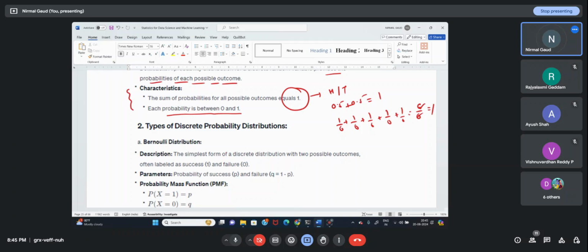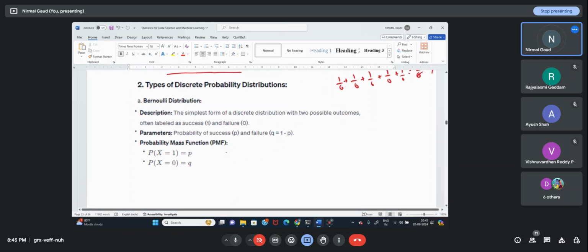Bernoulli distribution is one of the types of discrete probability distribution. It gives you binary outcomes, only two possible outcomes: either success or failure.